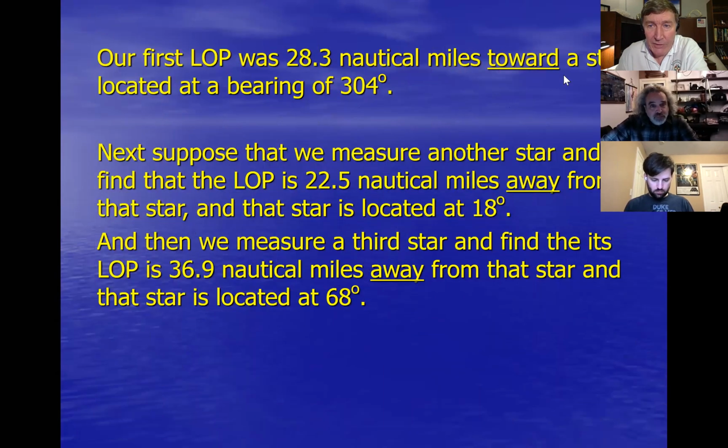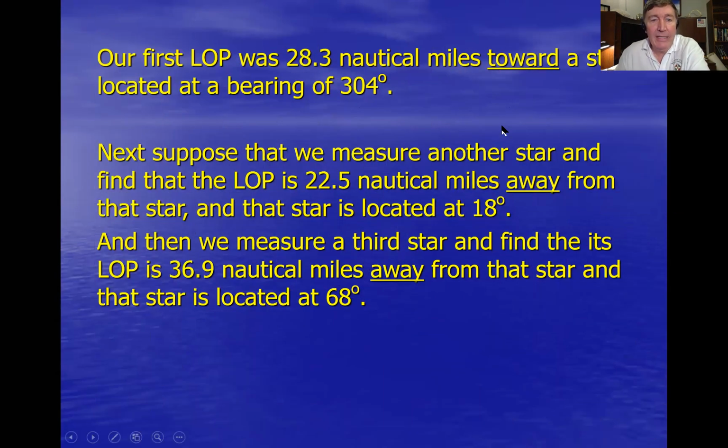So let's pretend that we have now measured another star. When we go through the process that we just went through, we find that the distance to the second LOP is 22.5 nautical miles. But this time, let's suppose that our real true distance was greater than our fictitious distance.